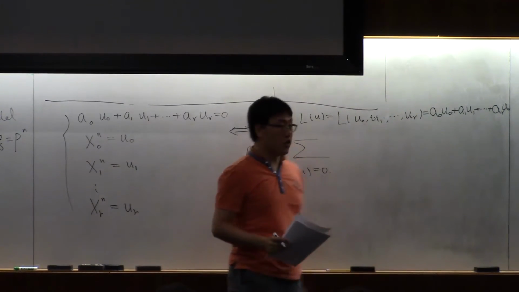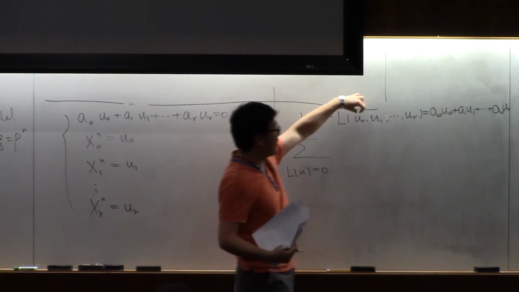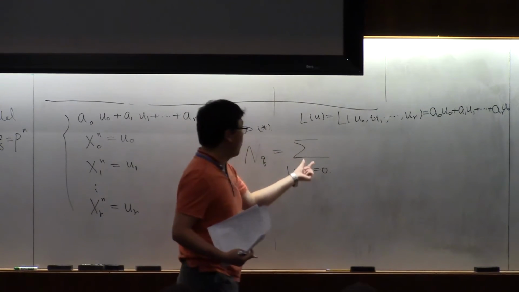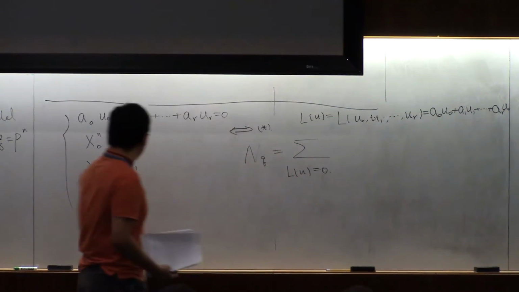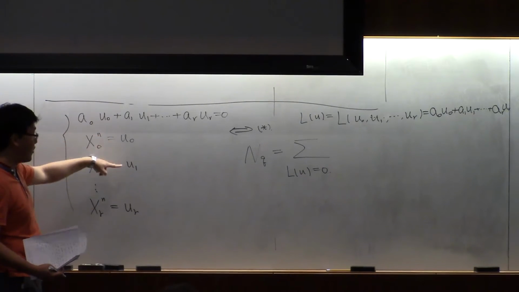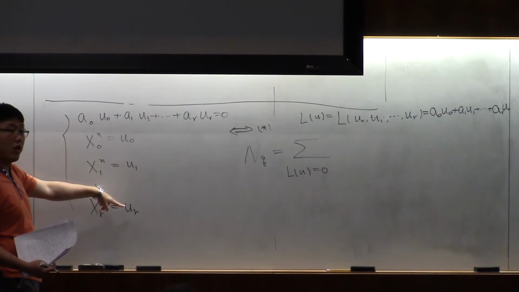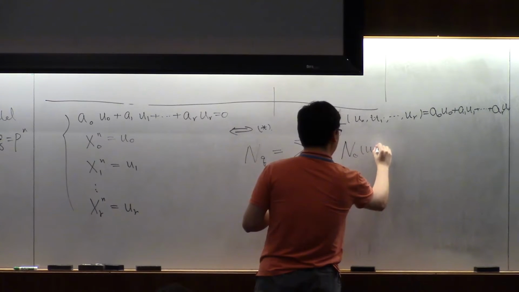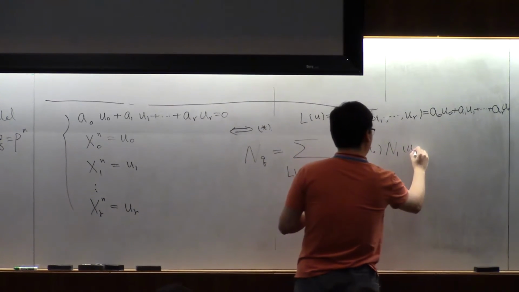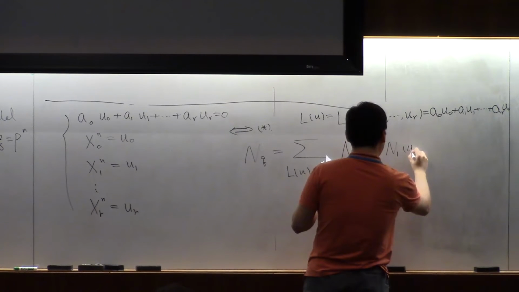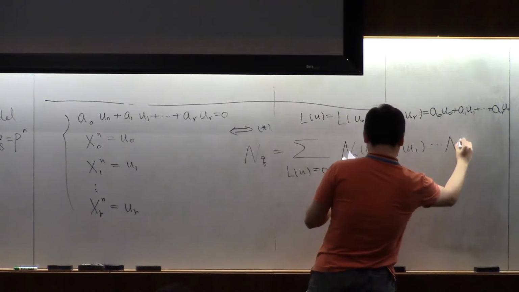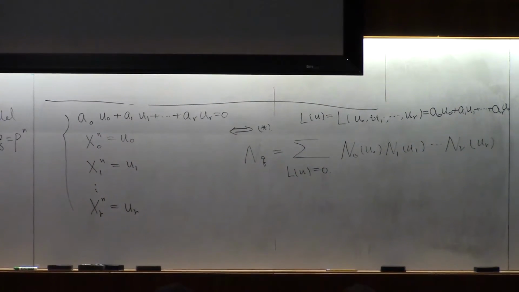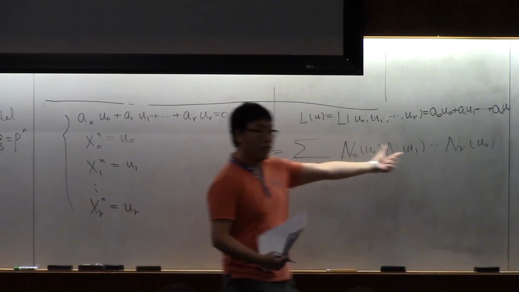You have such a linear function, then you first fix the values of u0, u1, ur such that this linear function is 0. Then you try to compute the number of solutions to each of these single equations. And then you can write the number of solutions of this equation as the sum of these products.